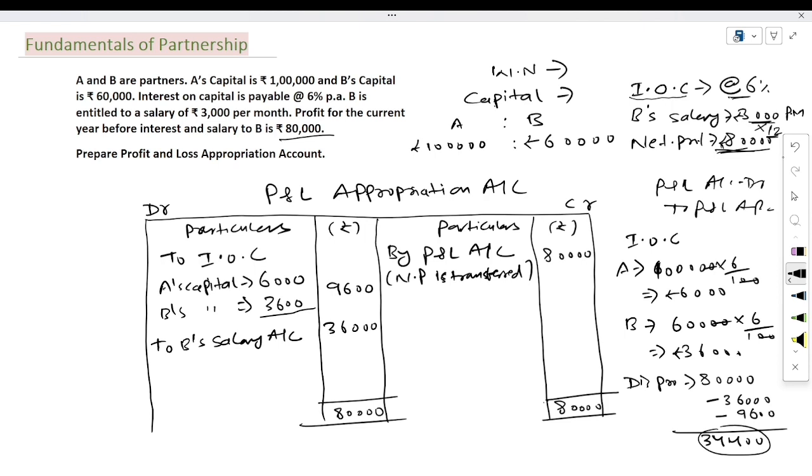We will distribute this through the profit and loss appropriation account, to A's capital account and B's capital account.